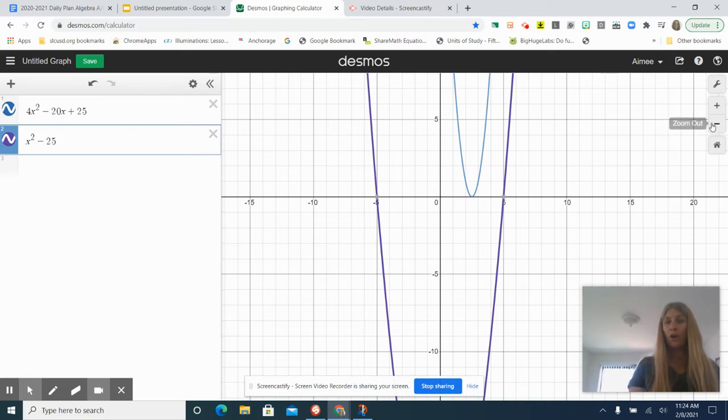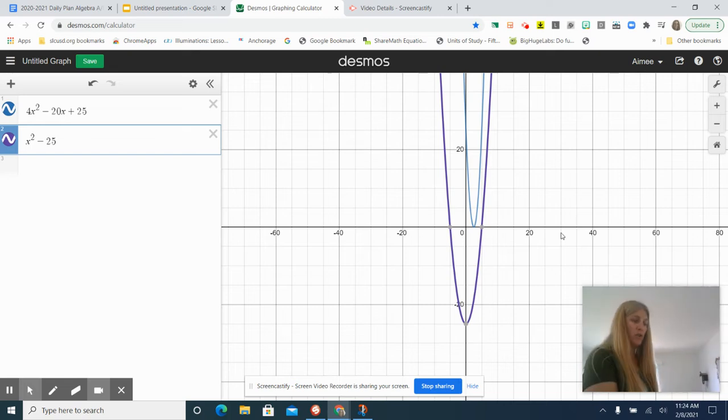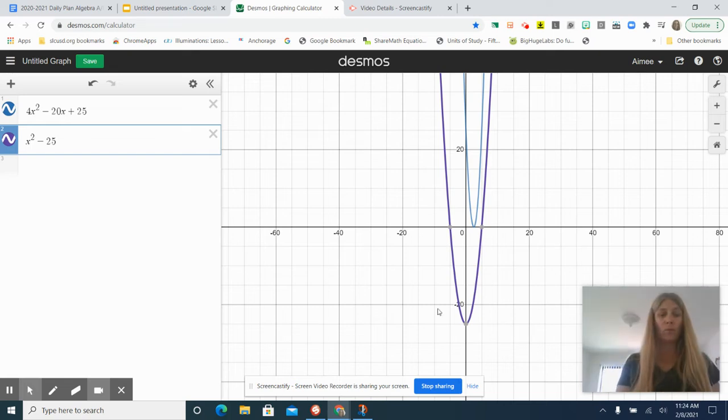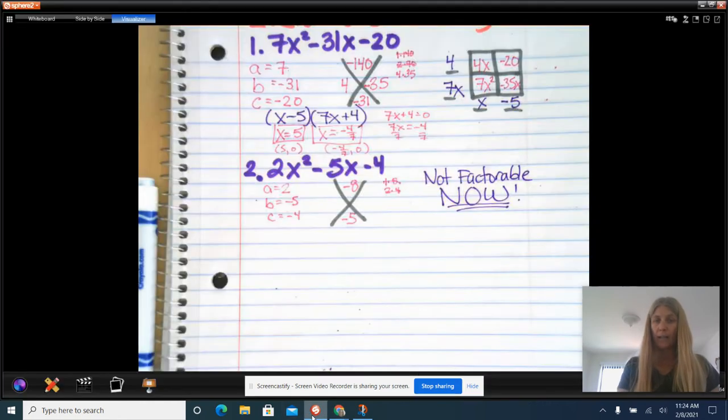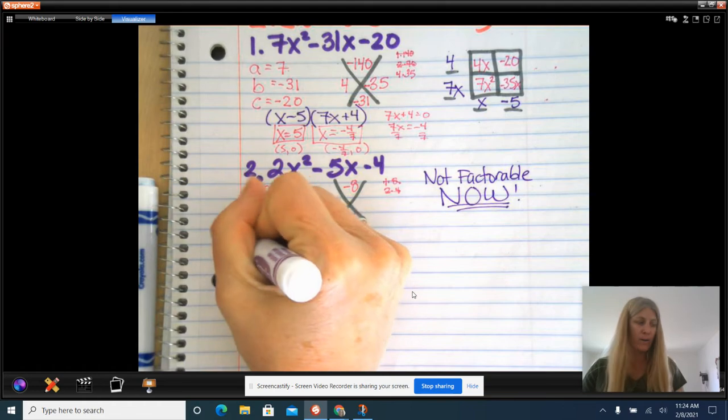And then we have our normal ones as well. So those are special situations. Okay, so not factorable now, but as you could tell from that problem, there were roots there. And so once we go a couple more sections in, I'll teach you how to solve that.